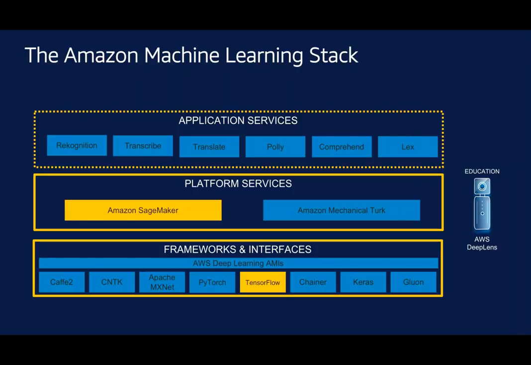You really don't have to train a model. You don't even have to know anything about machine learning. These are simple APIs. The higher level application services are simple APIs.